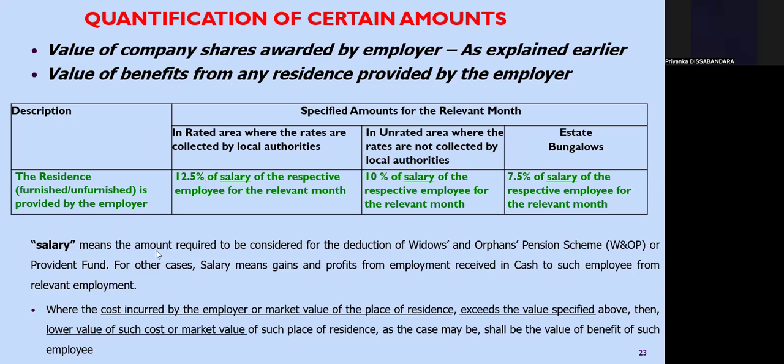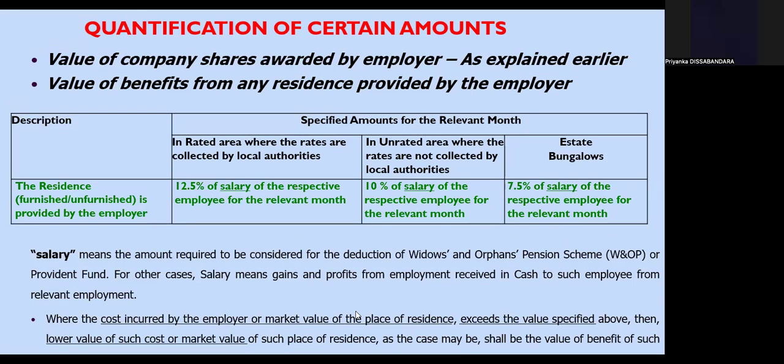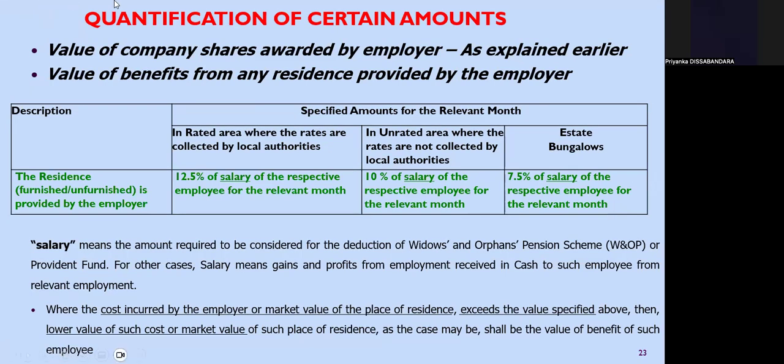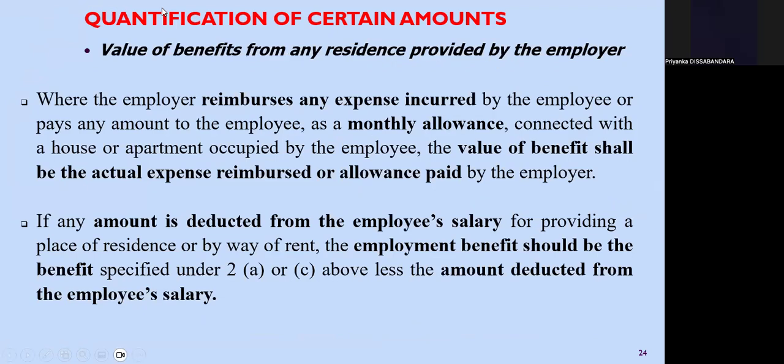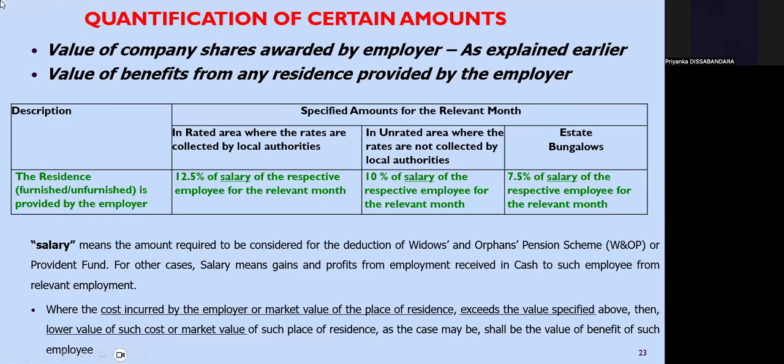But sometimes the actual value paid for the house may be much lower than that calculated amount. In that kind of situation, the lower value should be considered as the housing benefit.